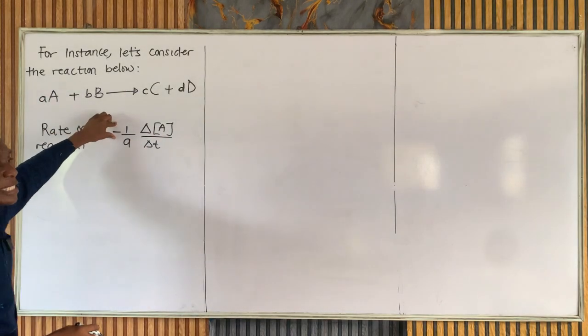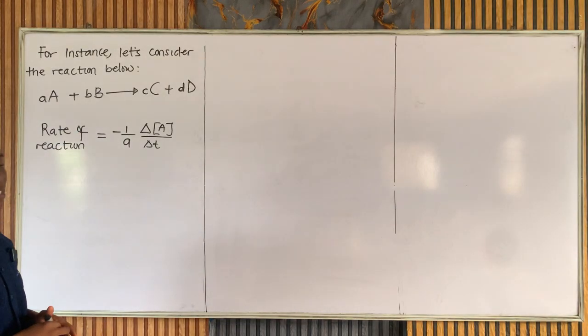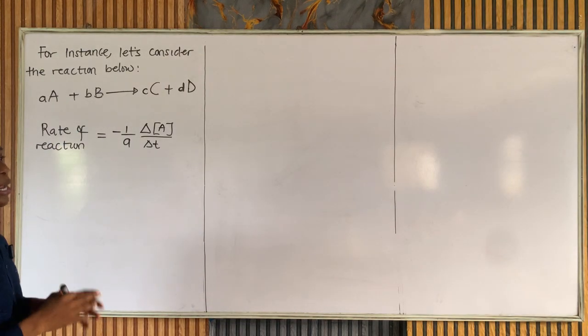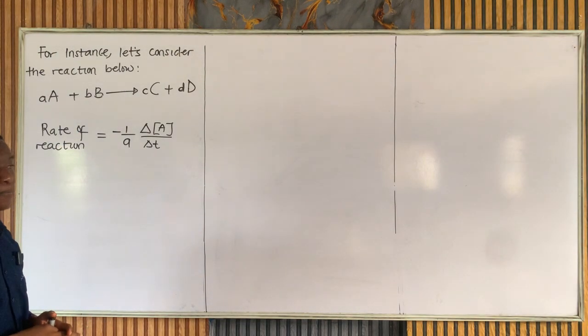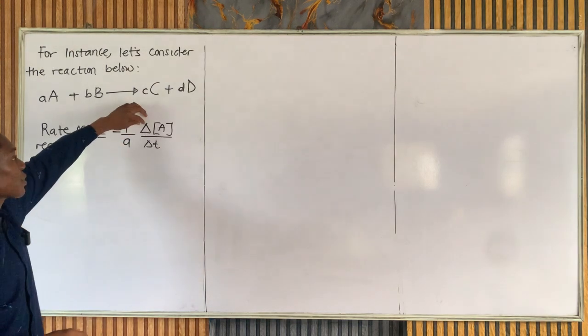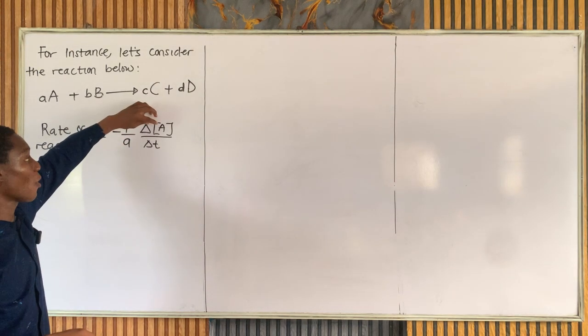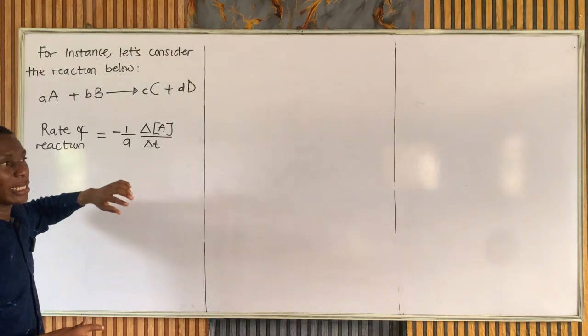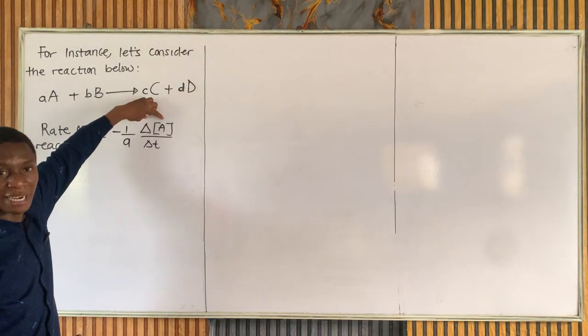Now, why are we putting negative? It is because whenever you write rate of reaction using the concentration of a reactant, this will always give you a negative value.